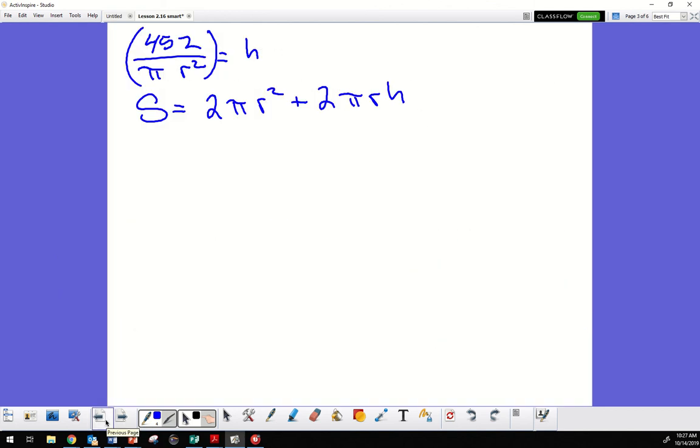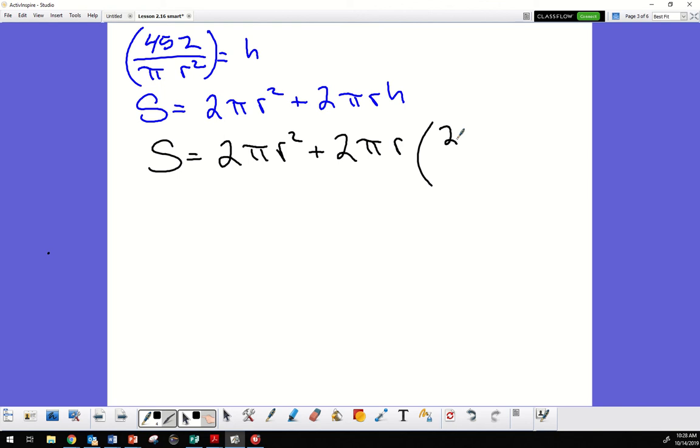So now it's going to be s equals 2 pi r squared plus 2 pi r. Now h is going to be replaced with 452 pi r over r squared.